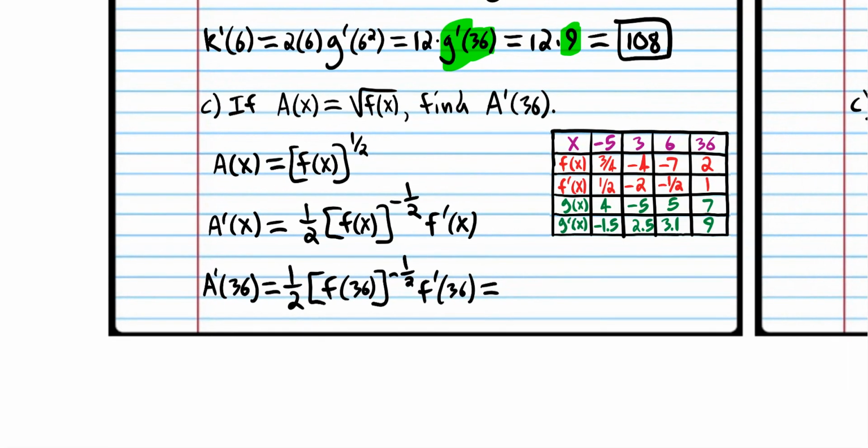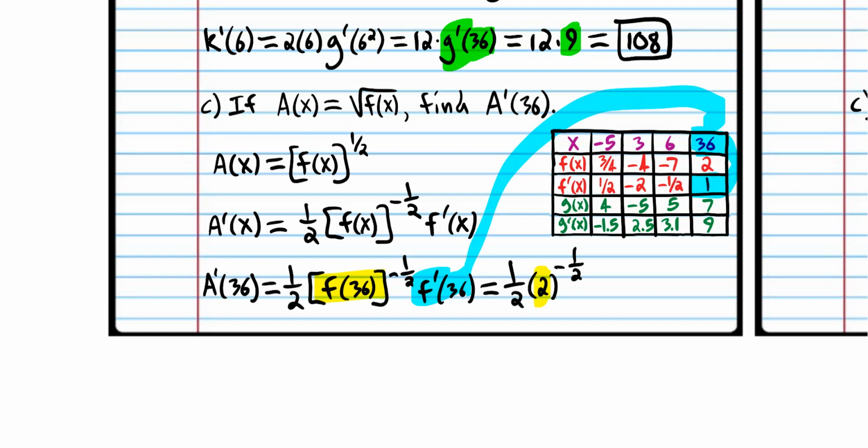Okay, so we need to find f of 36. If x is 36, what is f? Well, that's 2. And then we need to find f prime of 36. So if x is 36, what is f prime? That's 1.